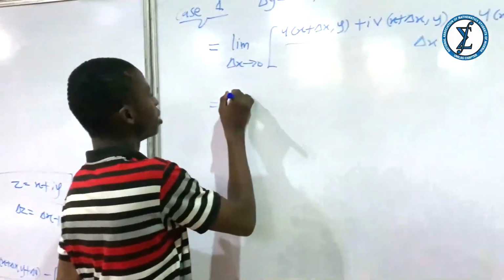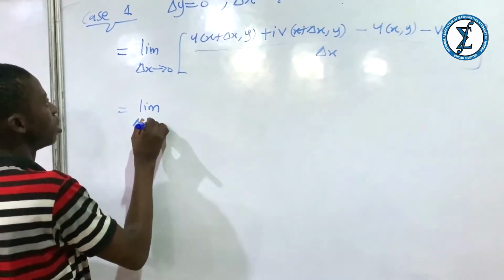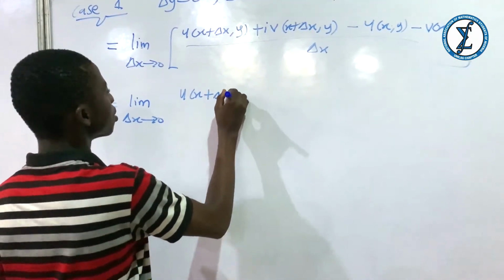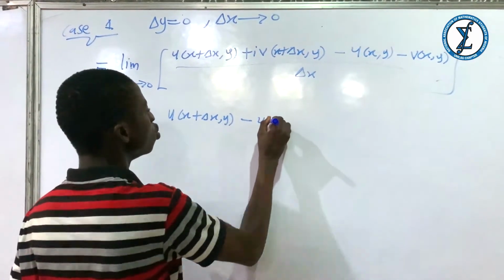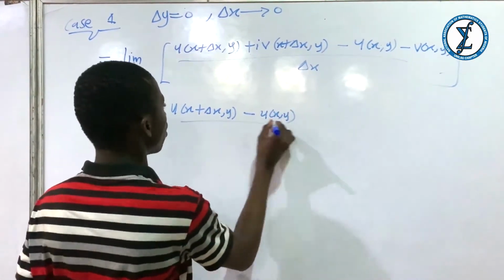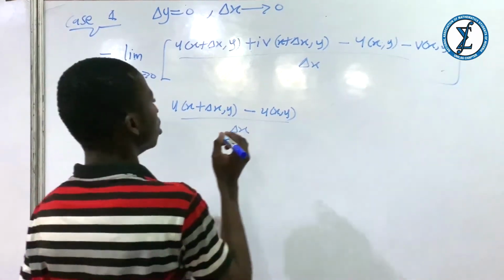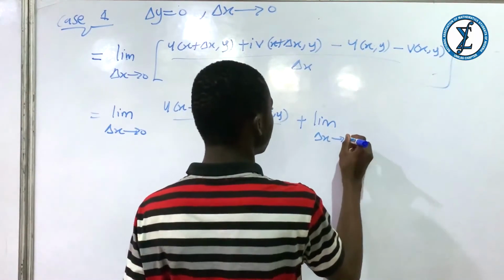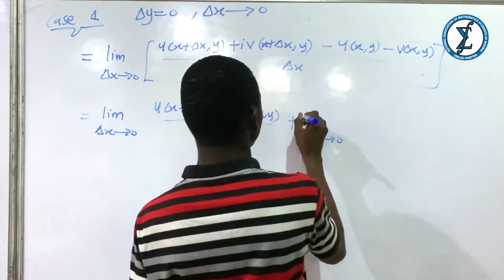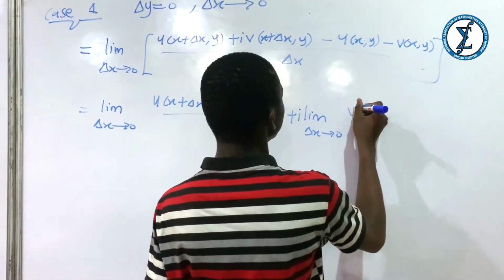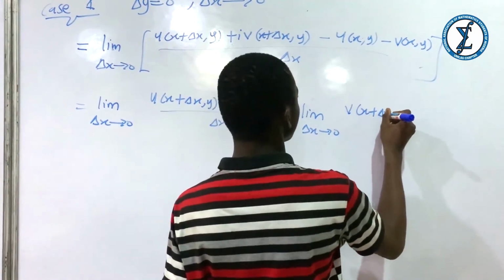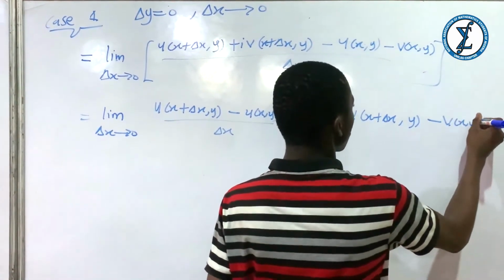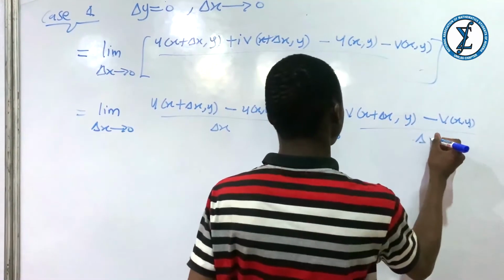Then I can split this and we have the limit as delta x tends to 0 of U of x plus delta x, comma y, minus U of x, y, over delta x, plus the limit as delta x tends to 0 of, then I can put i here, makes sense, V of x plus delta x, comma y, minus V of x, y, over delta x.